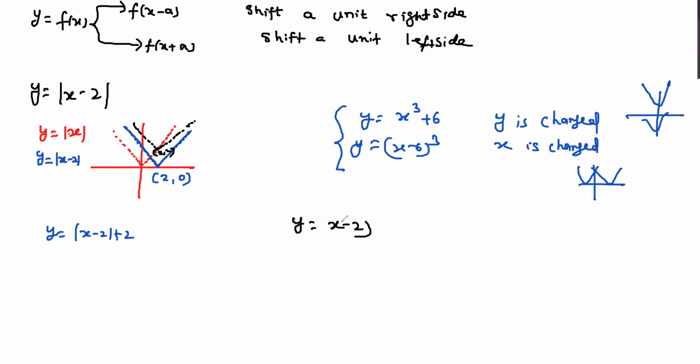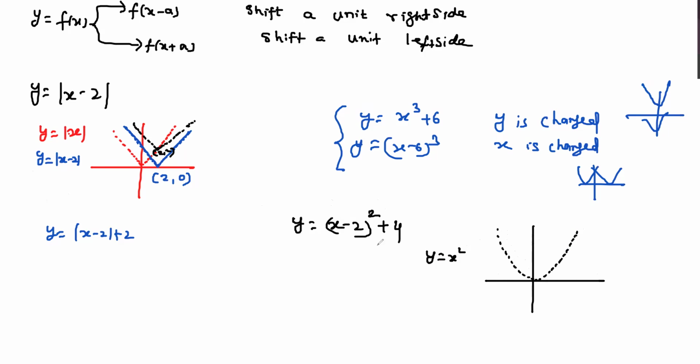Now tell me the graph of x minus 2 whole squared plus 4. So first I will plot the graph of the parabola. Now what is changed first?